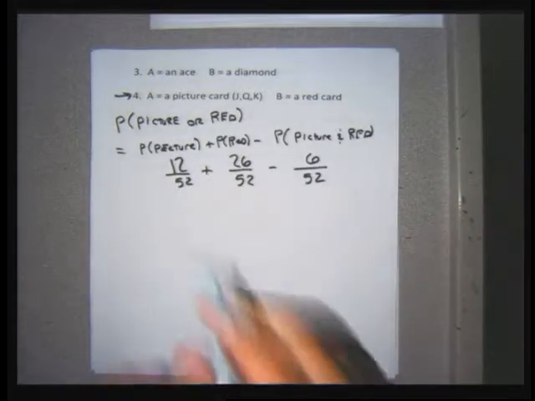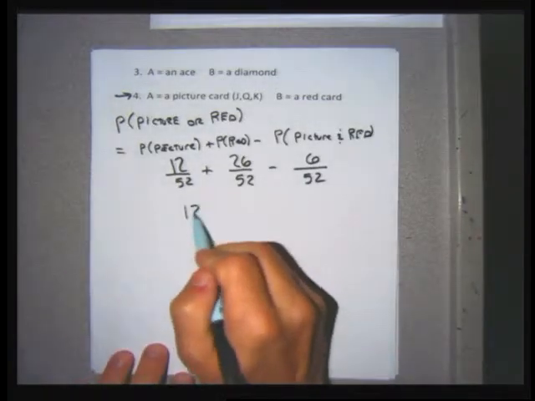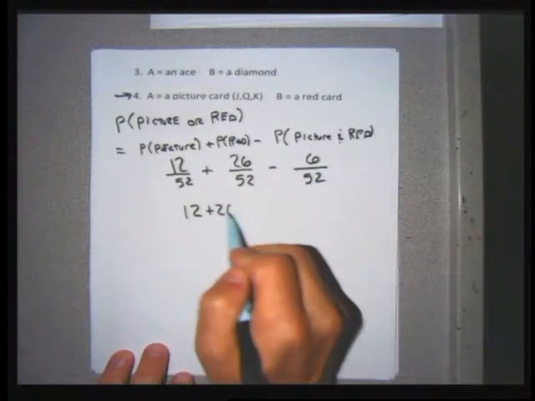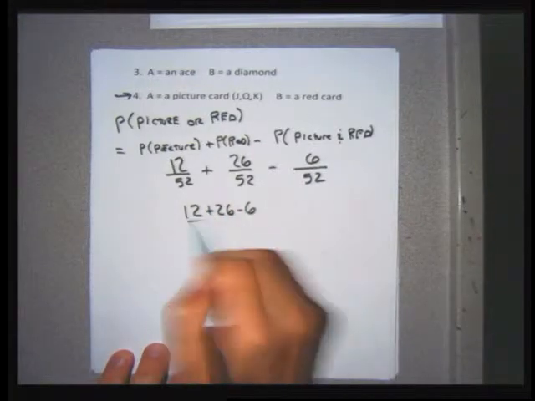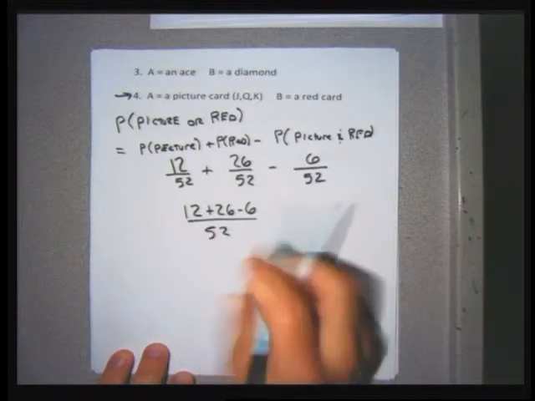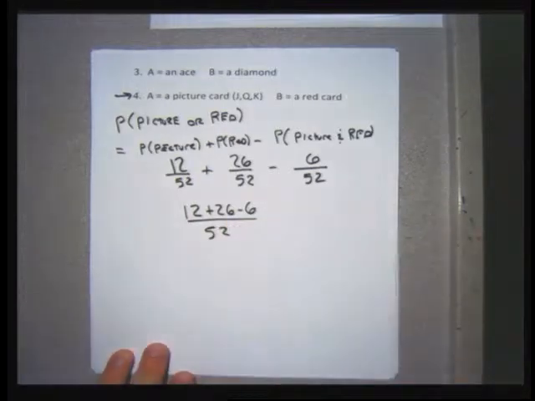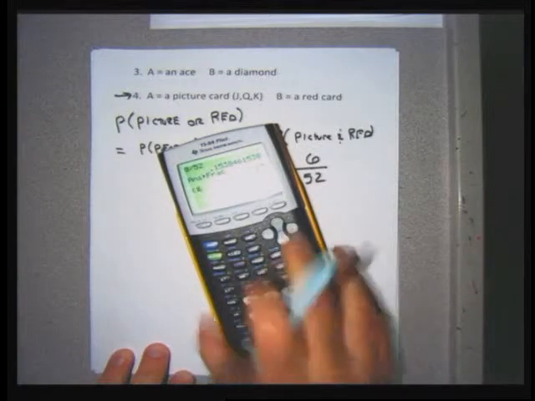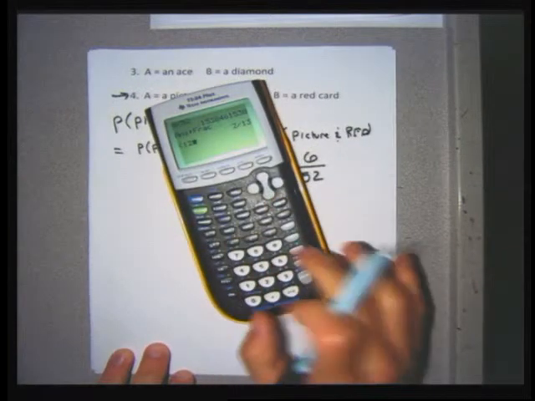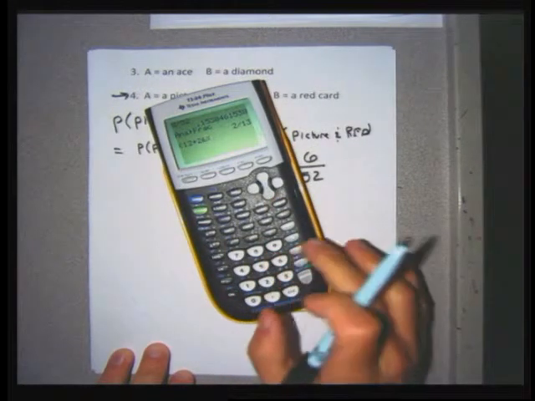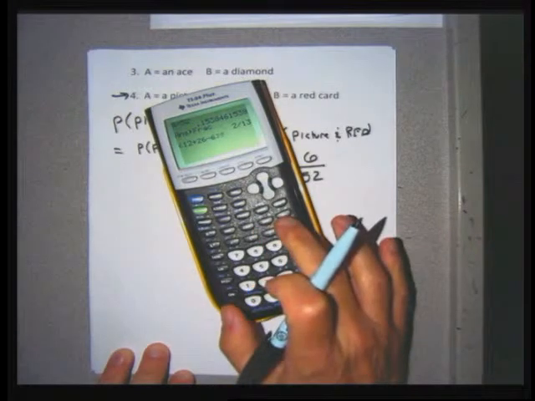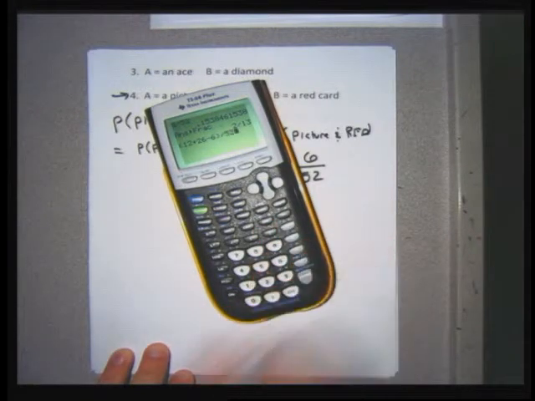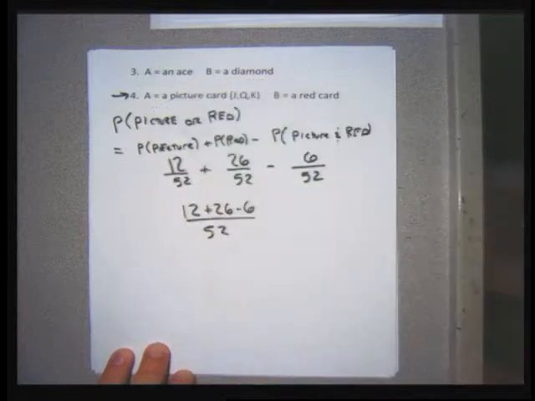So now for my probability, it's going to just be 12 plus 26 minus 6 over 52, and that's 32 over 52, but I'm afraid that I'm messing up, so I'm going to do it all on my calculator. I'm going to go 12 plus 26 minus 6 divided by 52, so I did the whole problem all in once.